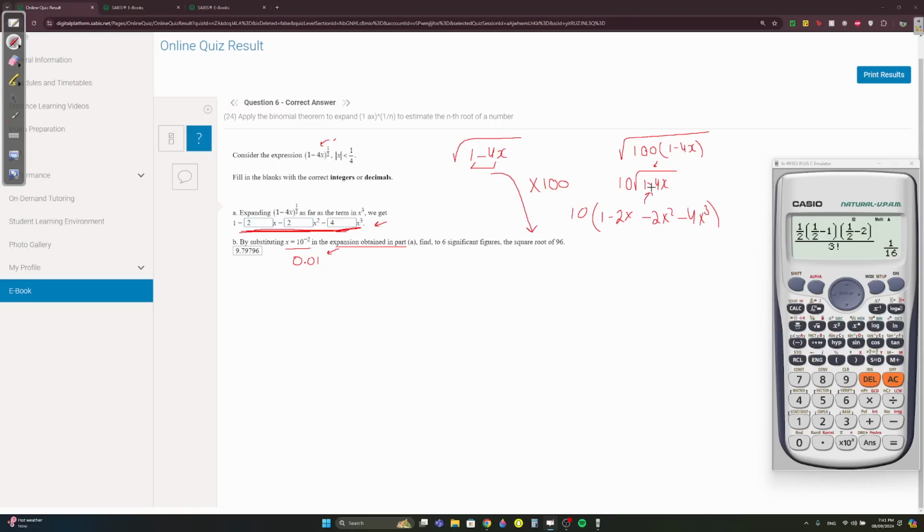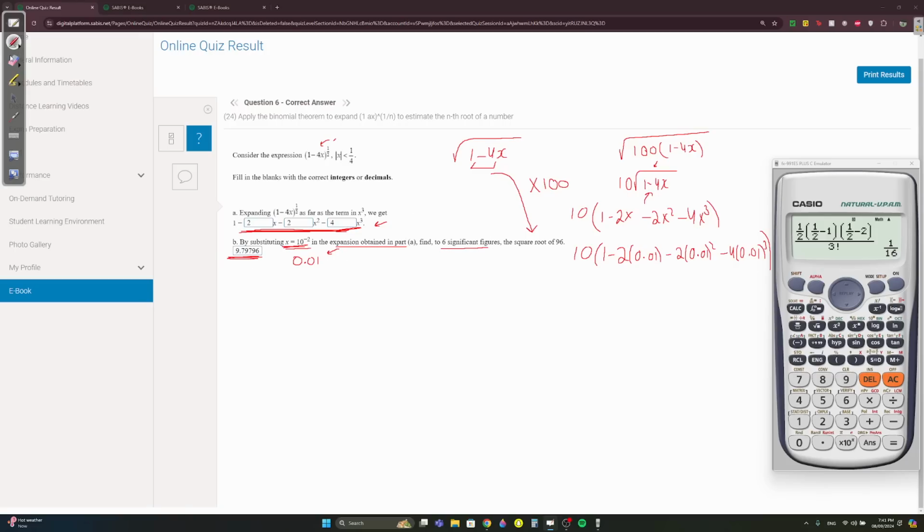This is the same as before, but the 10 is outside this time. And what did they say to substitute x by? 10 to the power of negative 2. So 10 times 1 minus 2 times 0.01 minus 2 times 0.01 squared minus 4 times 0.01 cubed, close the bracket. Okay, put this in a calculator. They said to 6 significant figures. You're going to get this.